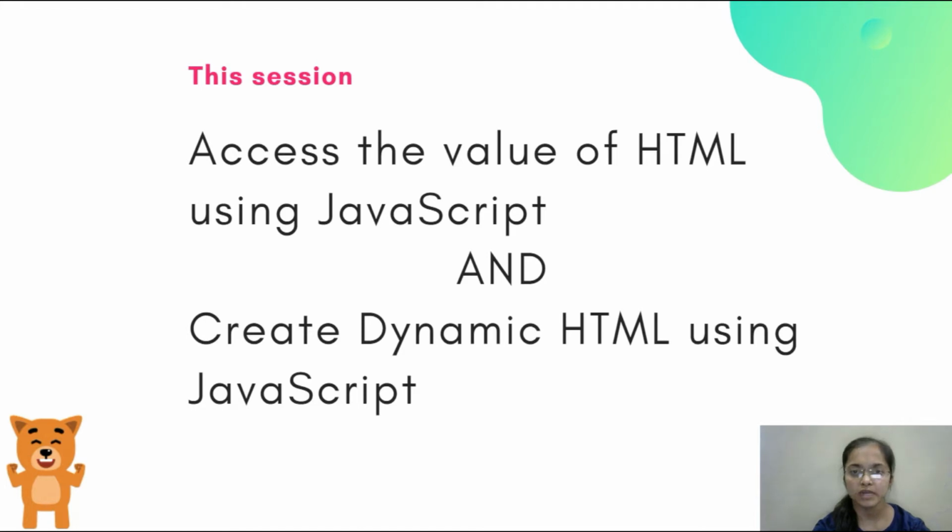To access their values we will use JavaScript. Our other task is to create dynamic HTML using JavaScript. It means we will create dynamic HTML elements using JavaScript, like when you click on a button, an HTML element should be created there. This task we will perform in this session.